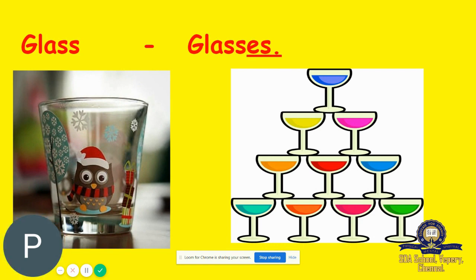Here in the first image you can see a glass. When we say a glass, it is a singular. In the next image you can see more than two. So if we have more than two, then it has to be pronounced as glasses.